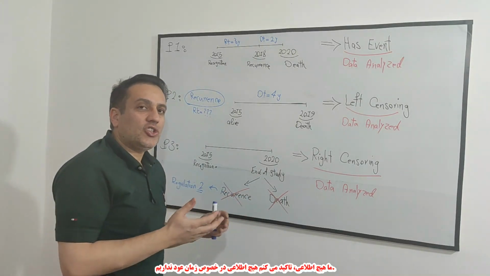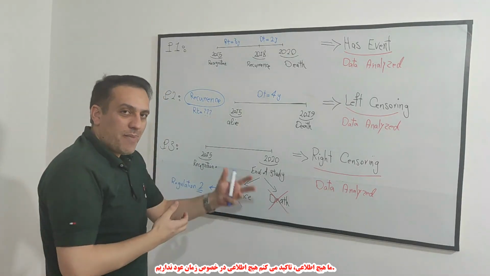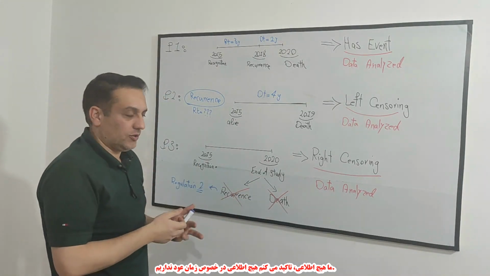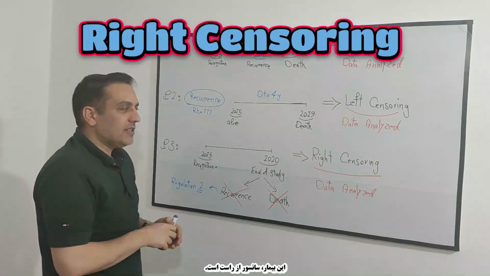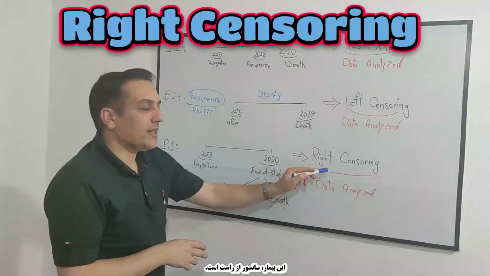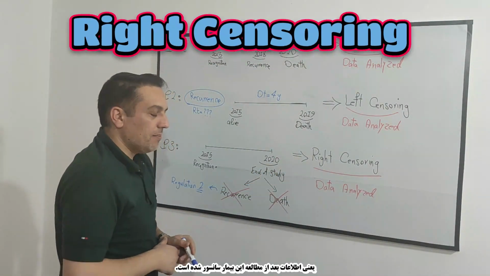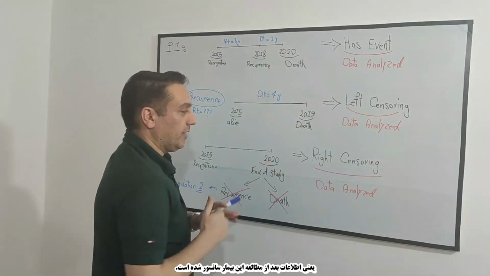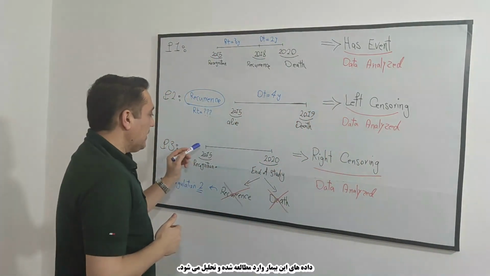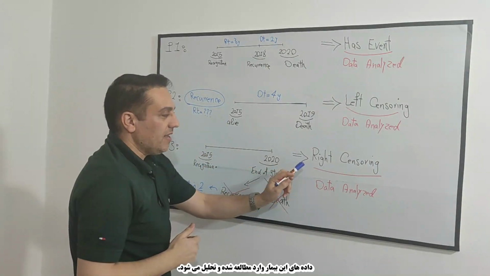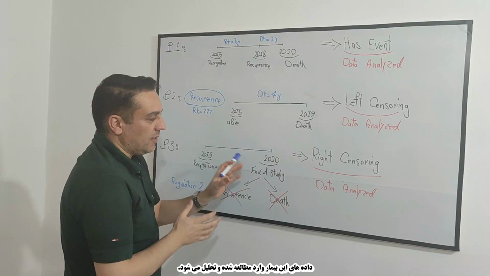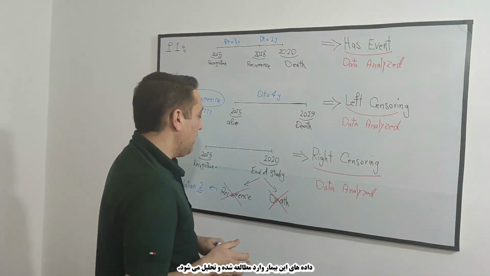And we don't know any information about the recurrence time of these patients. Then this patient has right censoring, meaning censored from the end of the study. Information of these patients is important to study and analyze.